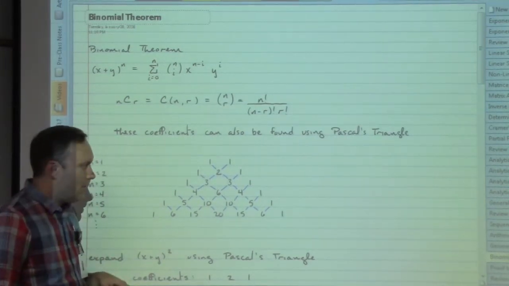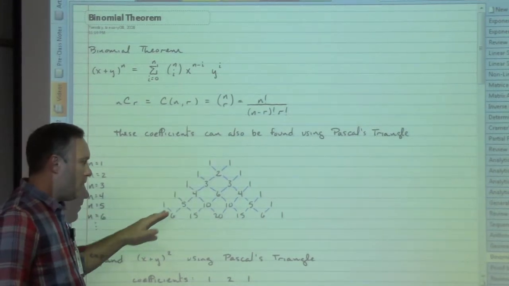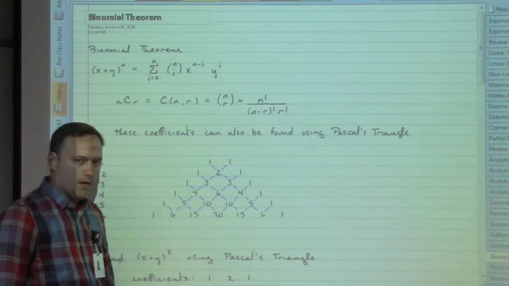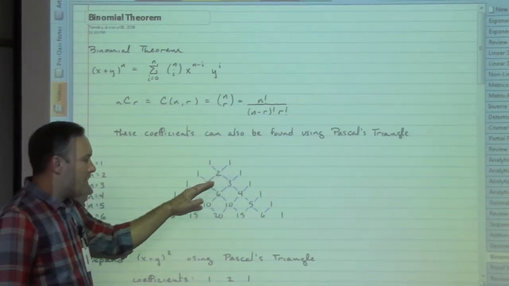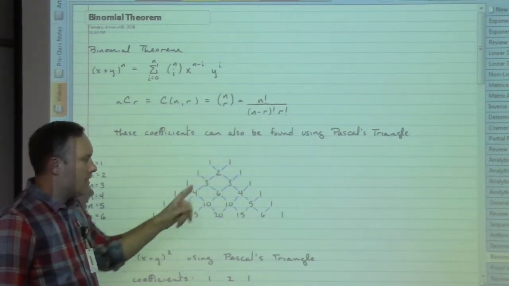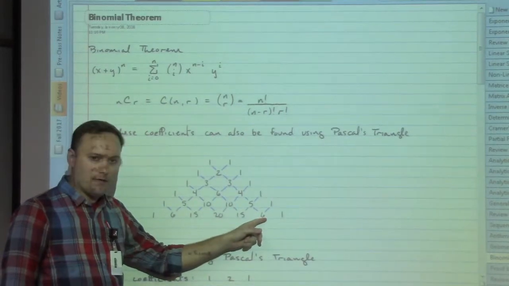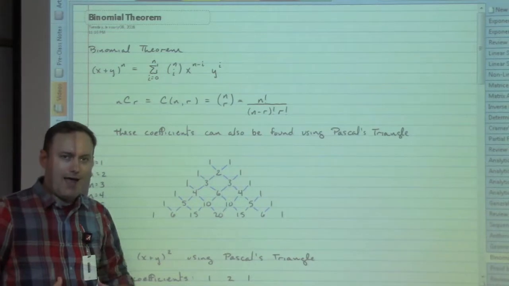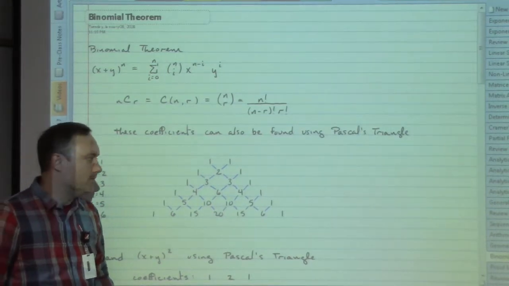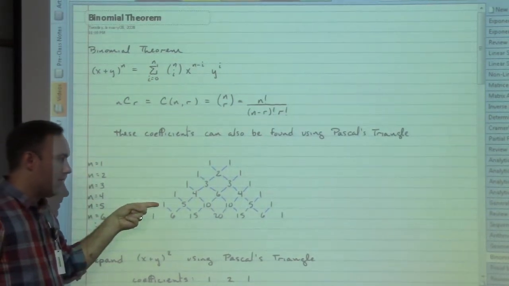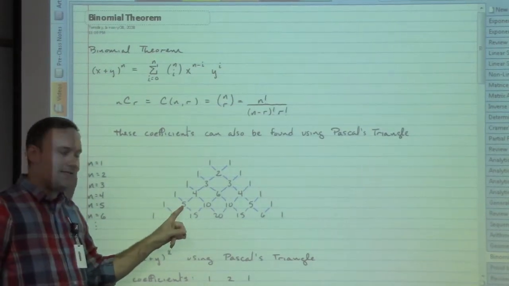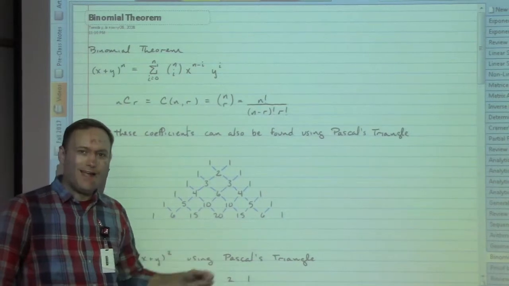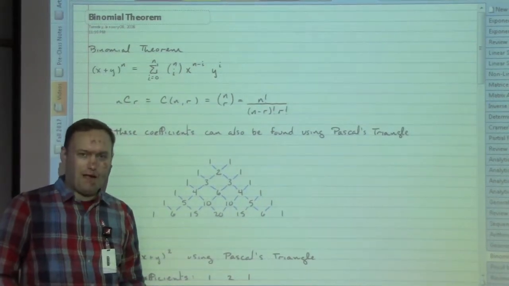So what we've got going on here is we always start and we always end with a coefficient of 1. The very next coefficient and the second to last coefficient are always going to be exactly the power attached to my binomial. So if my binomial has a 5th power, then the second coefficient and the second to last coefficient exactly match up with that power of 5.